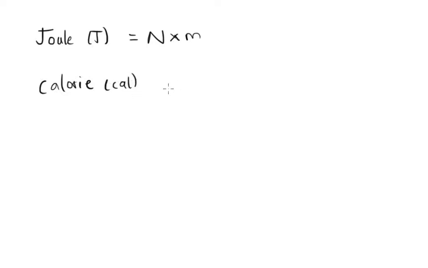And a calorie is essentially the energy required to raise the temperature of 1 gram of water 1 degree Celsius. That's what a calorie is. We're going to be using these units a lot in chemistry, so it's best to understand what they are, and maybe do a little more research on how they relate to each other.